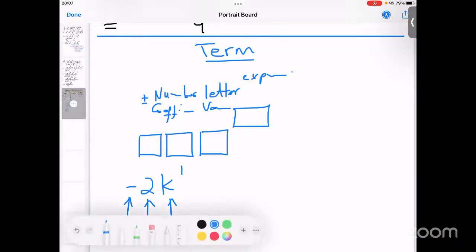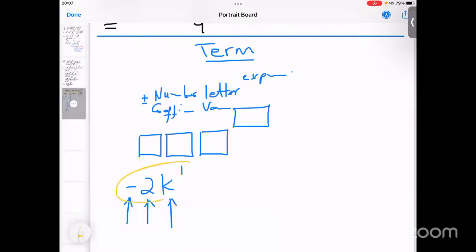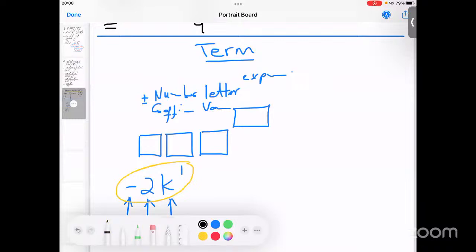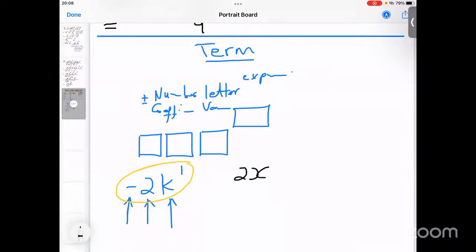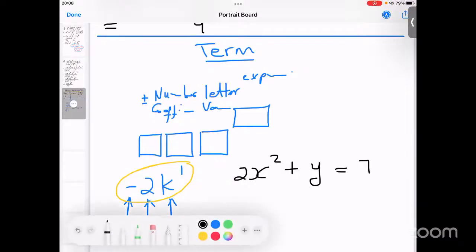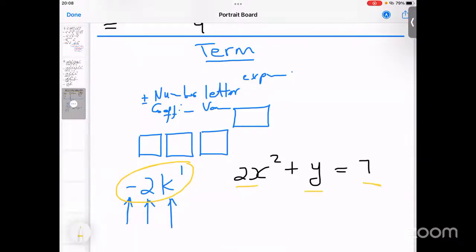So you can see that a combination of all of these things is what I've indicated: numbers, signs, and letters. So if you are given something like 2x squared added to, maybe let's say y, and we can equate this to, let's say, 7, you can clearly see that this is a term, this is a term, that is a term.